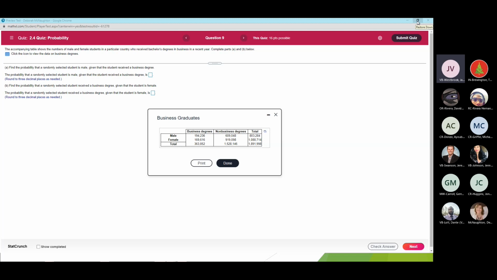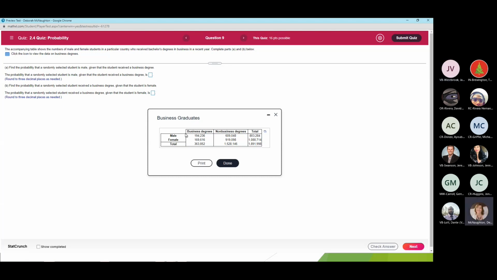Can you like right click and zoom? Yeah, there's no way that I see. Okay. But I mean, I can see it. I just moved it. You can see it? Okay.